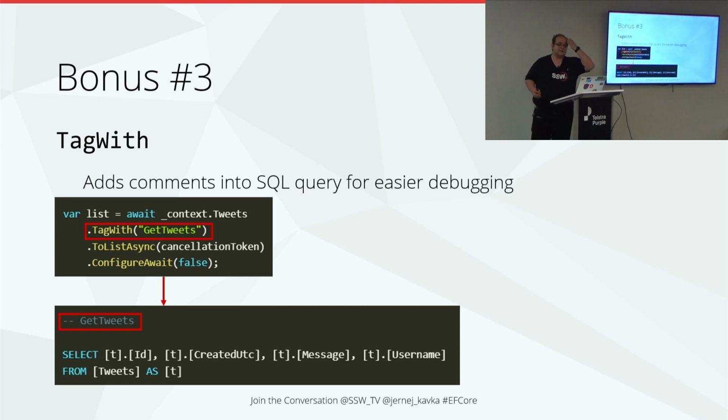If you end up with an application that has a lot of similar queries, this will allow you to identify from where you called it. And sometimes what happens with EF, especially with older versions, is that it splits the queries. In EF7, most of the queries are not split, but sometimes they can be.